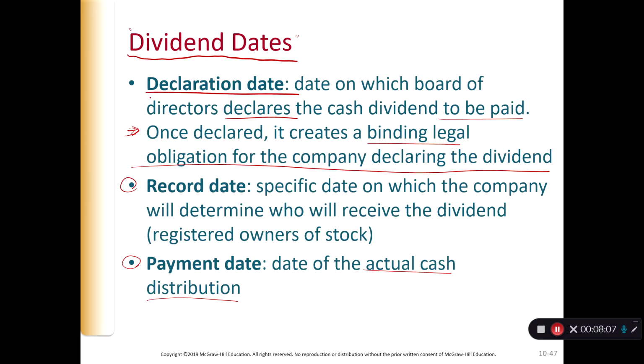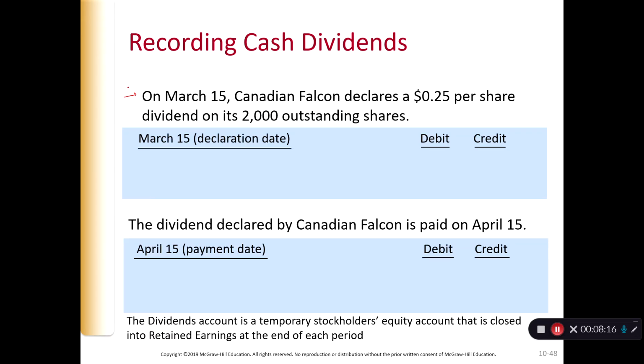So then the question is, when should we record the transaction of the dividend distribution? Of course, on the declaration date, right? Because the declaration date is the date that you set up your duty to really pay the dividend. So let's look at this example. On March 15th, Canadian Falcon declares 25 cents per share of dividend on its 2,000 outstanding shares.